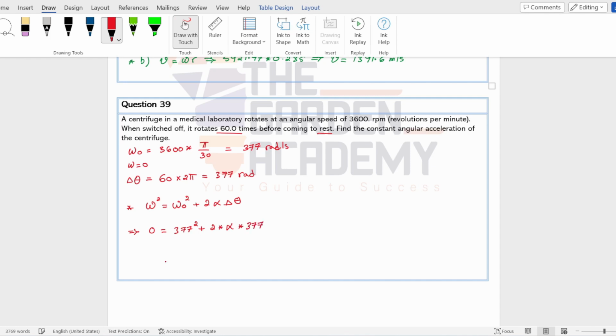Once we do the shift solve, we get that alpha is equal to negative 188.5 radians per second squared. Again, why is the value negative? Because it's slowing down, it's coming to a rest. So we should know that alpha is equal to negative 188.5. And this is the end of this question.